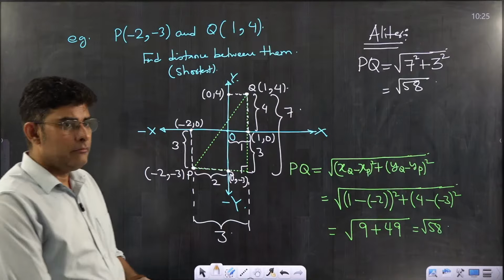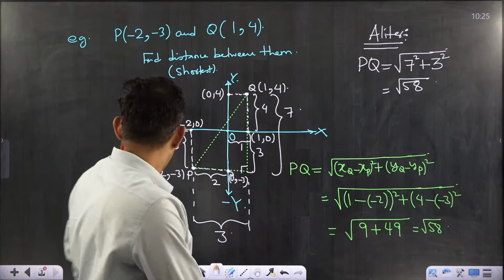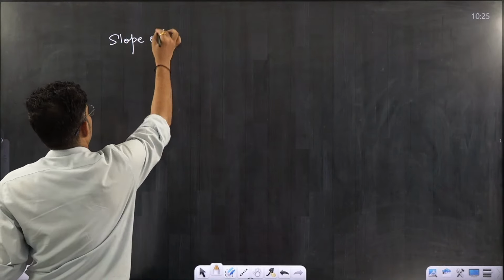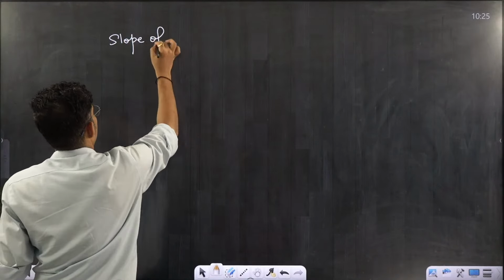Now next thing, very, very important, is when we find the slope of a straight line. Whenever they ask us the slope of a straight line, what is slope?